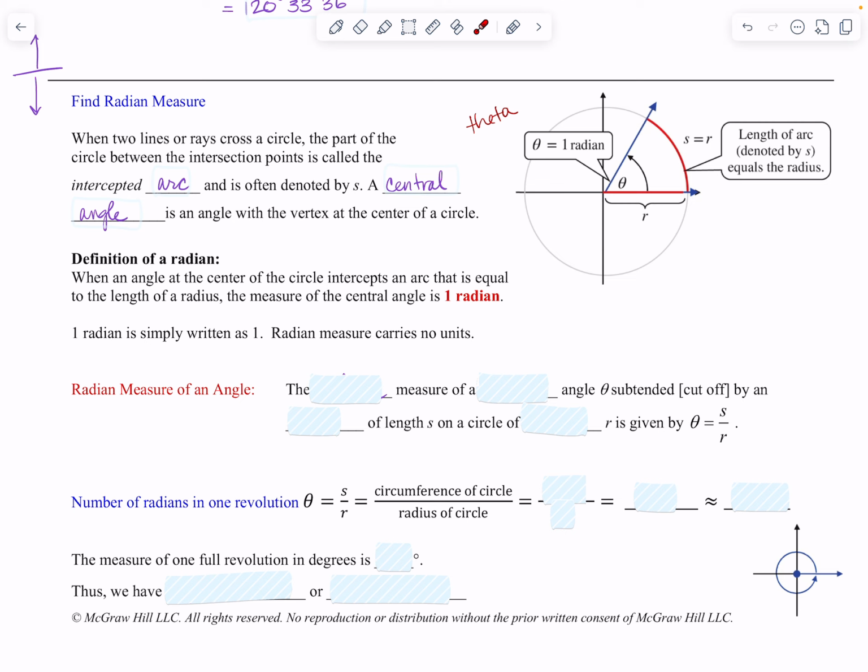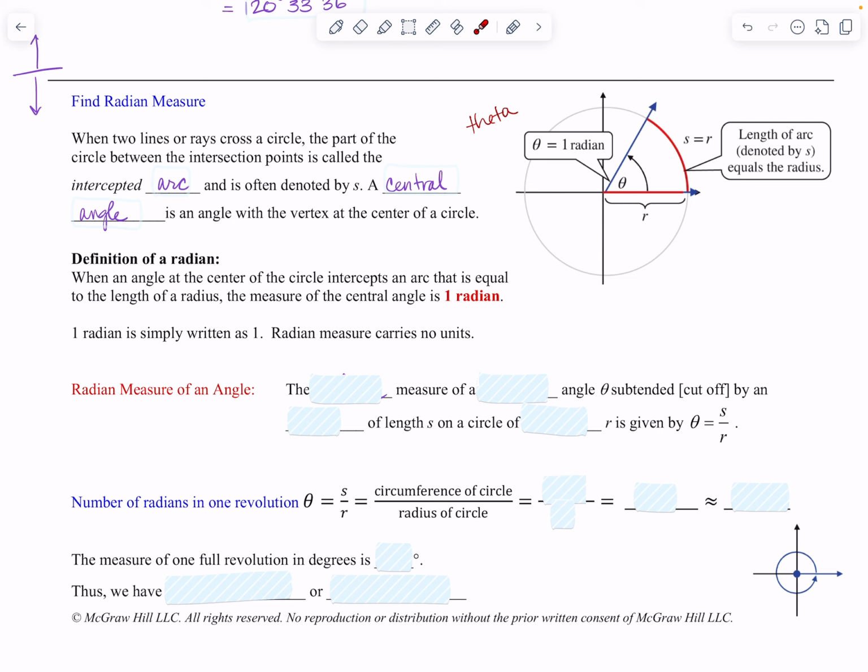All right, the definition of a radian. What is a radian? Well, we know that we can measure angles in degrees, but we can also measure angles in radians. It's kind of similar to being able to measure distances in miles or in kilometers. It's just simply two different ways of measuring. So here's the definition of a radian.